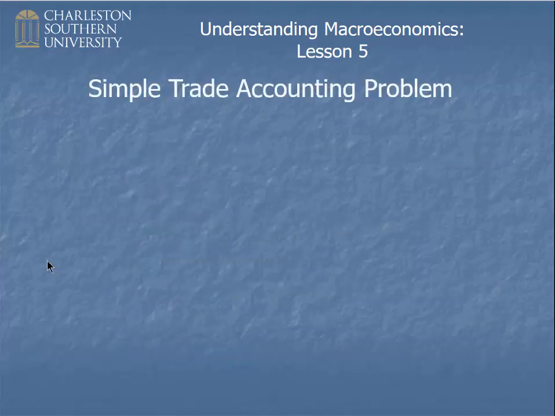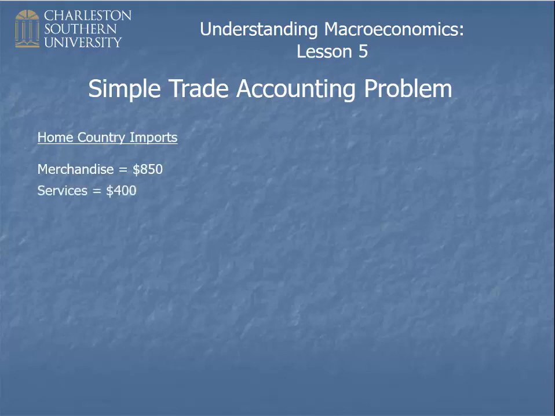Okay, so let's try a simple accounting problem to see if you have it down pat. So let's say that the home country imports $850 of merchandise, and they import $400 of services, and they send out $200 of unilateral transfers to people in other countries. And let's say that the foreign country imports.